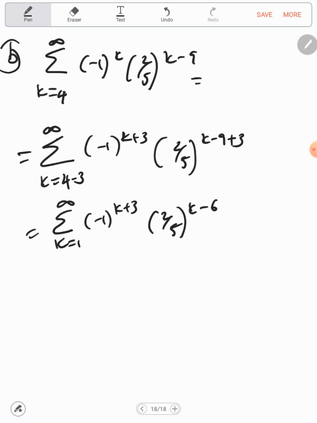Okay, so for us to have k minus 1 here, that means we're supposed to be adding what? A minus. So that means that we have to put in a minus 4 or a 4.